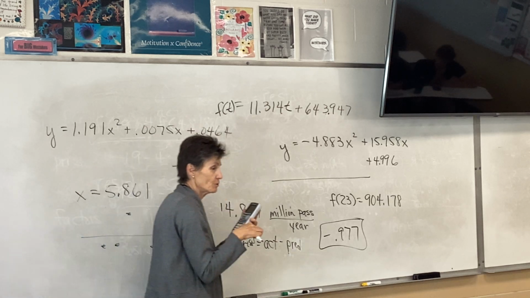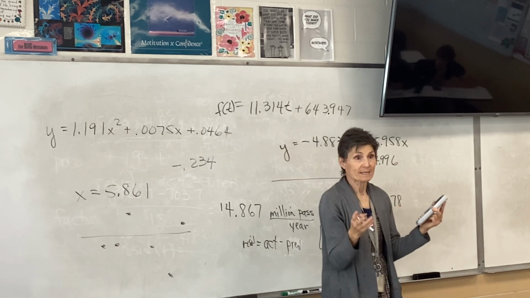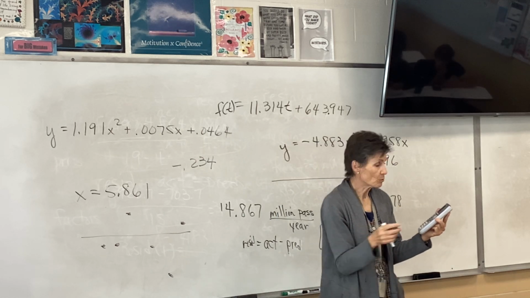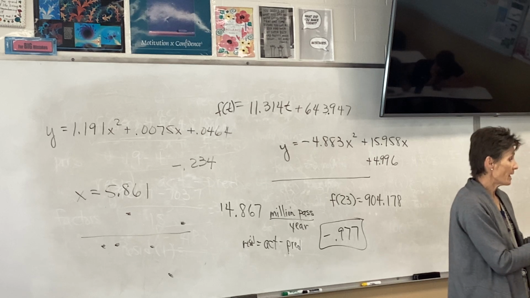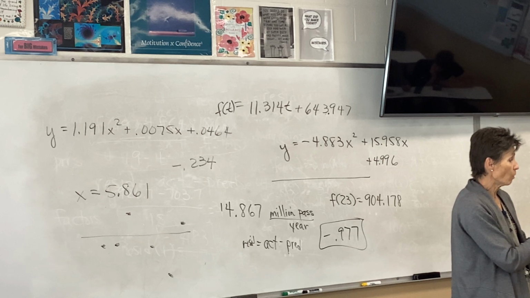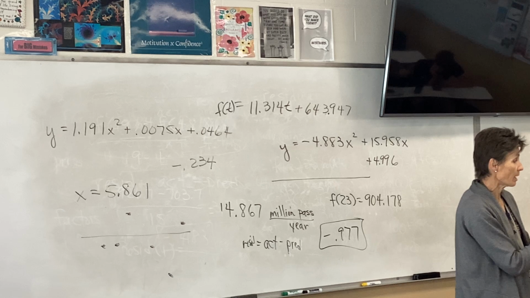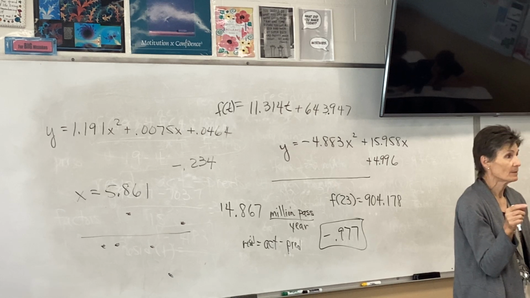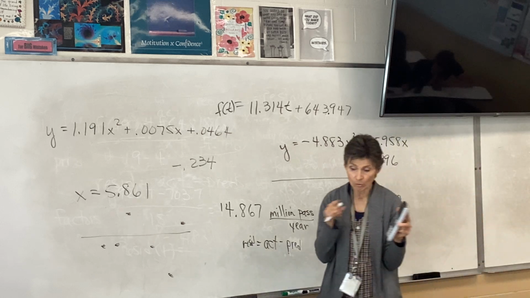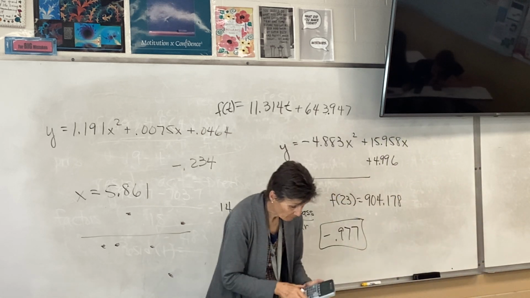What else could you do? Well, you could always calculate it by hand, but you could also go back to stat, edit, and go over to your residual column, and you see the negative 0.2336 there? So you can get it out of there, or you can get it from the plot itself.